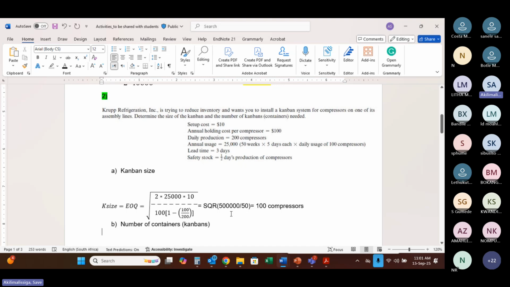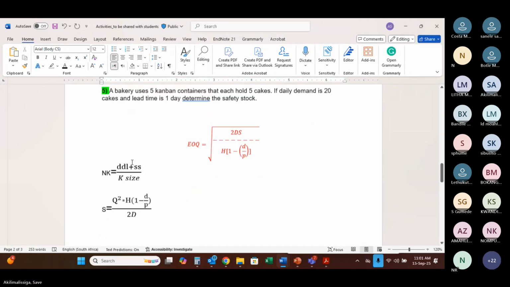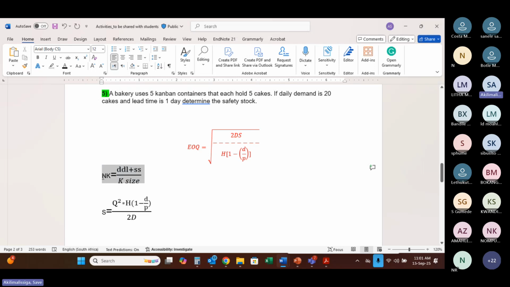All right. So how are we going to go about calculating the number of containers here or Kanbans? So if you look at this formula here, this is the one that we're going to calculate. NK here is for number of Kanbans. On top here we have demand during lead time plus SS, which is safety stock, and divided by the Kanban size.